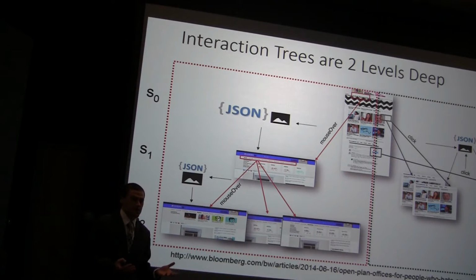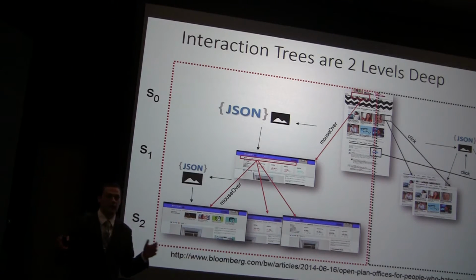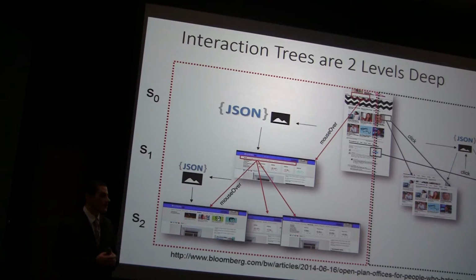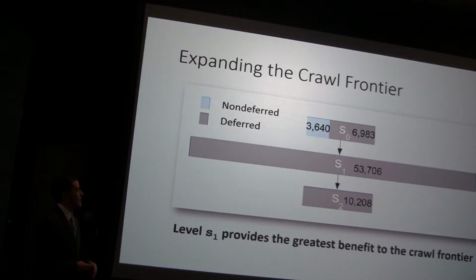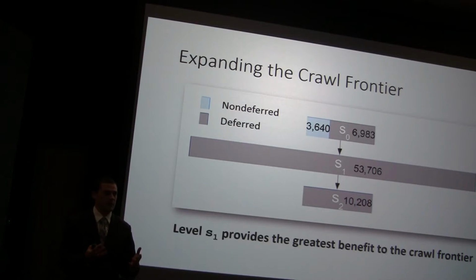Now, even though they're very shallow, they're actually really wide. The largest interaction tree that we saw was 7,000 descendants wide. This is shown in this diagram, where we're measuring the number of embedded resources required to crawl each of the interaction levels.